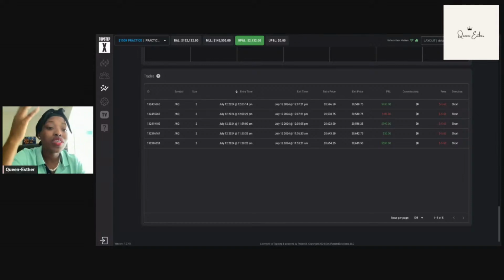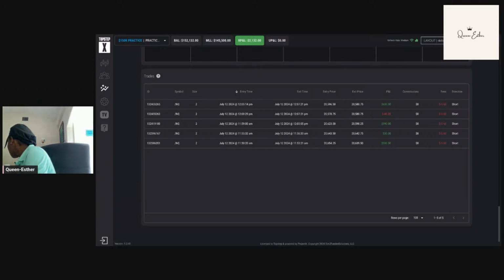Again, don't see trading as a get rich quick scheme. It's not a get rich quick scheme. It took me 5 years to master trading.